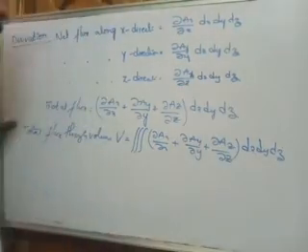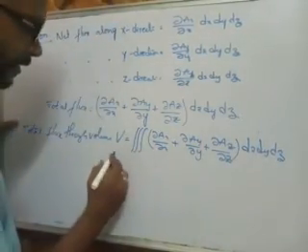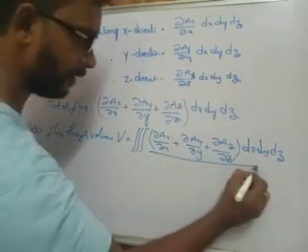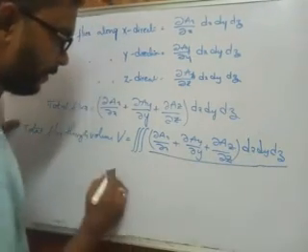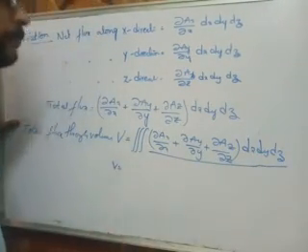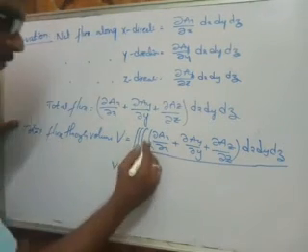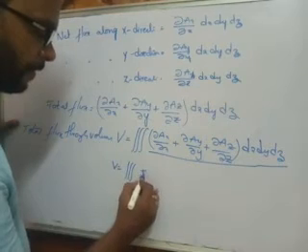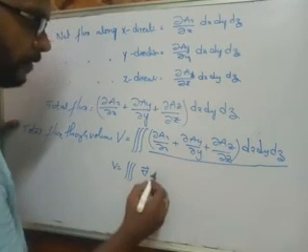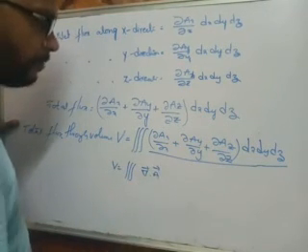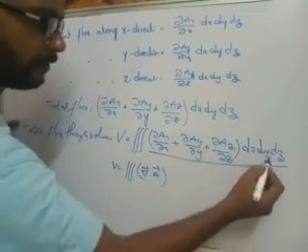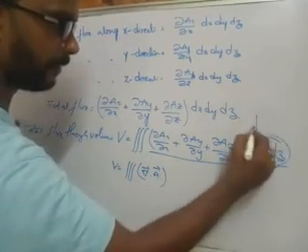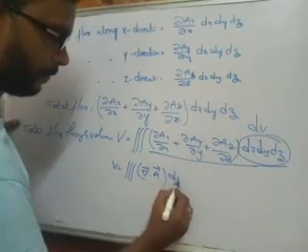So this equation can also be written as the triple integral del bar dot A bar, and this term can be written as dv, so into dv.